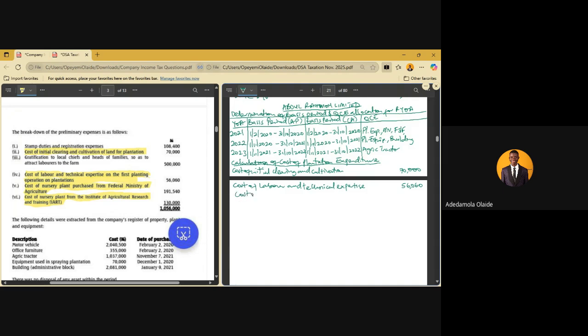Then we have cost of nursery plants purchased from Federal Ministry of Agriculture, 191,540. Then cost of nursery plants from IART, we have that to be 130,000.